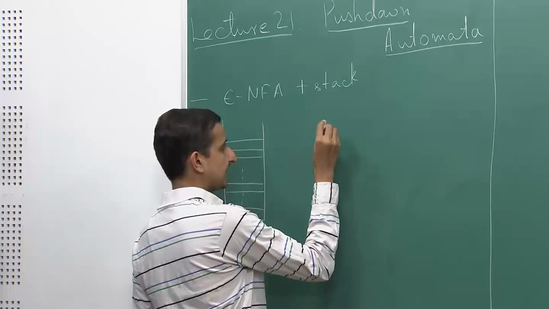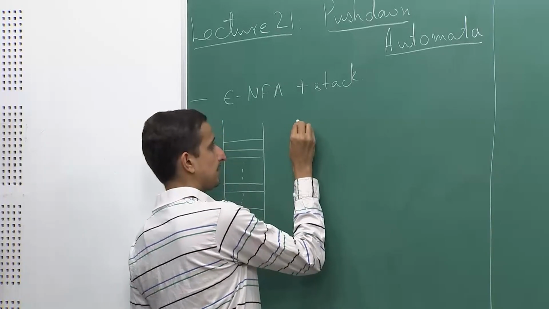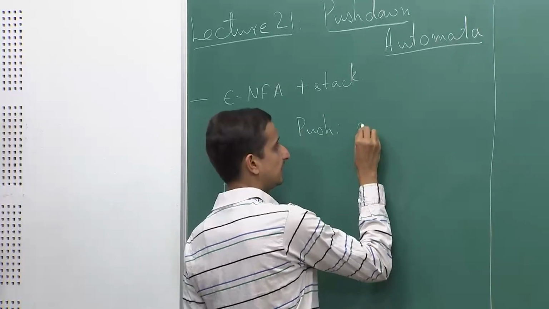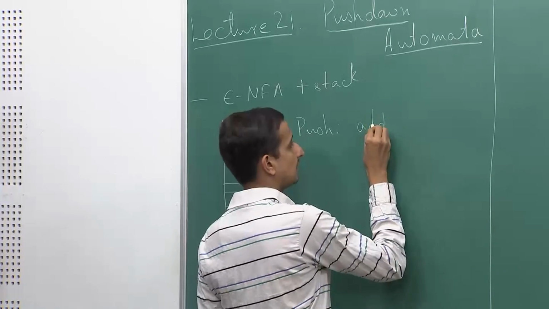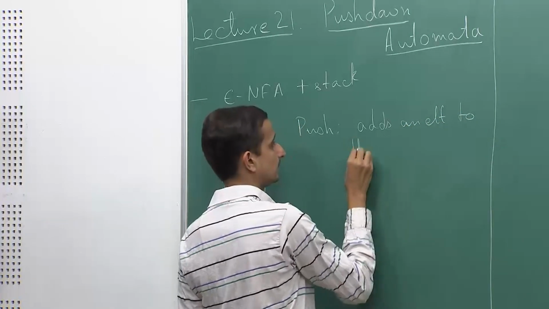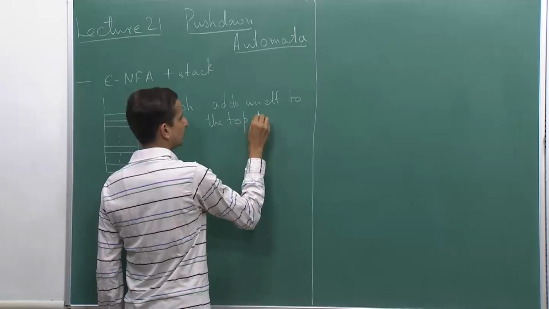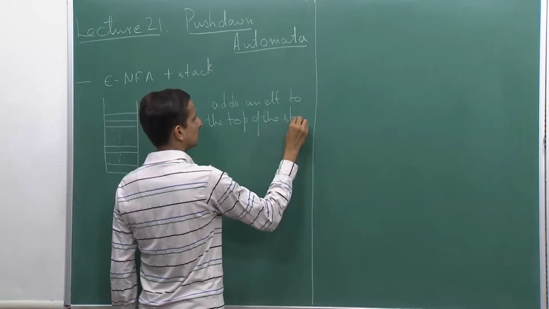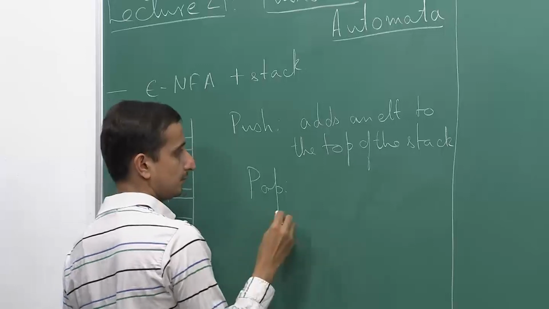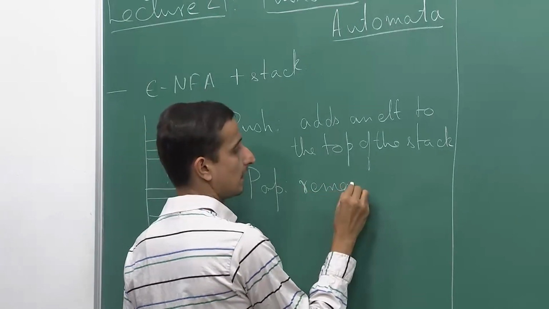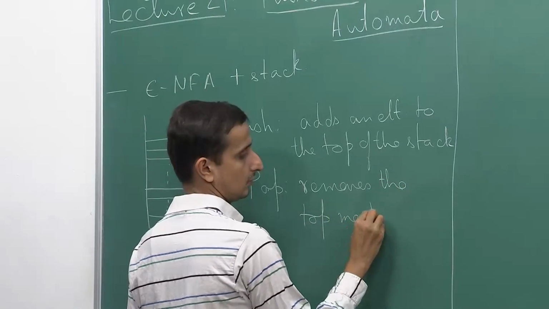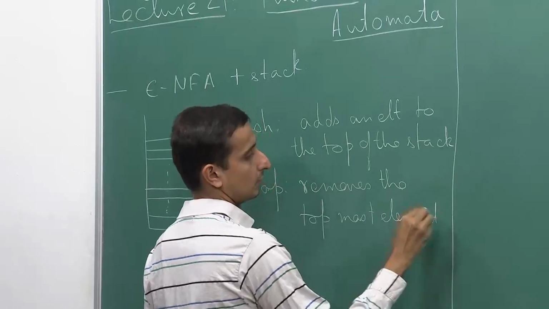So a stack has two operations defined on it. It has the push operation, which adds an element to the top of the stack, and pop, which removes the topmost element.